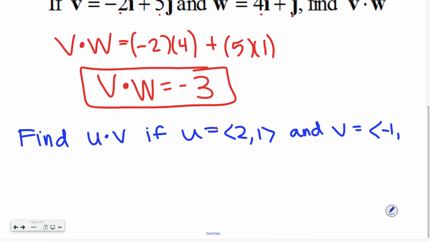Find the dot product. 1, 2, 3, go. Check with your neighbor.